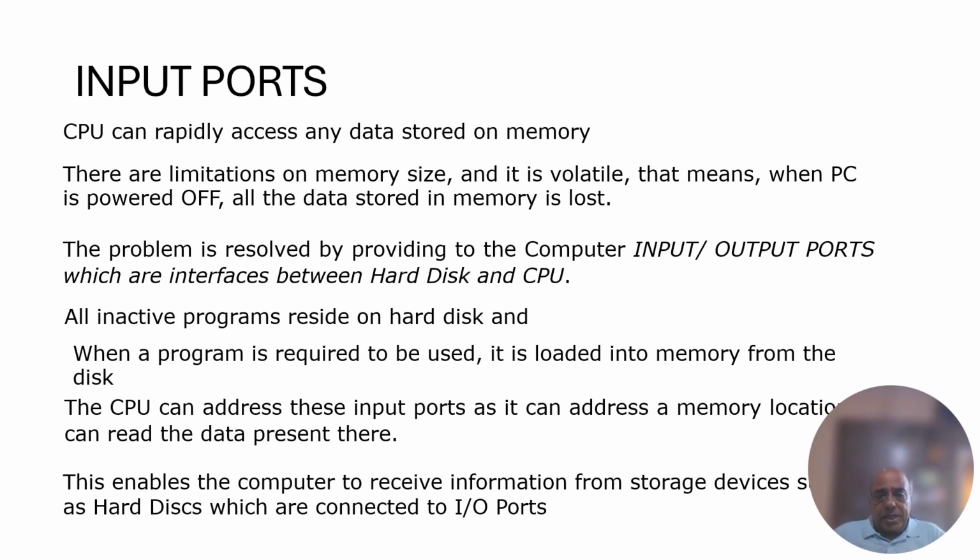A CPU can access these input ports, can read data present there and bring it back into the memory, act upon it, and then results are again stored back into the memory. So when the program is loaded, the program stays in the memory till it is unloaded.